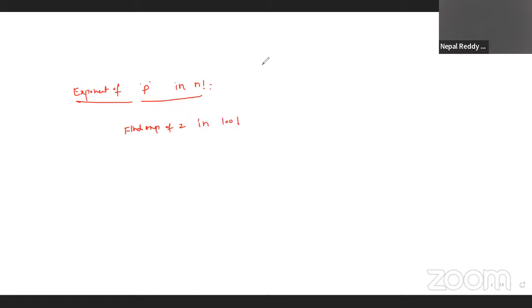This is the question. Exponent of a prime in n factorial is defined by floor of 100 by 2 plus floor of 100 by 2 square plus floor of 100 by 2 cube and so on, up to 100 by 2 power 6.